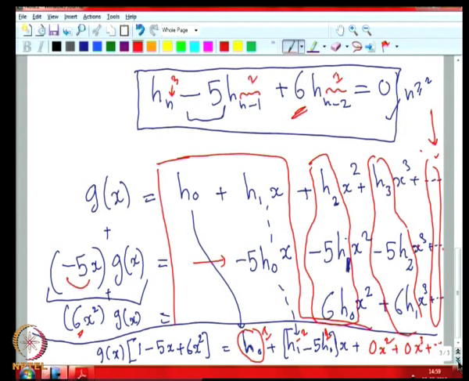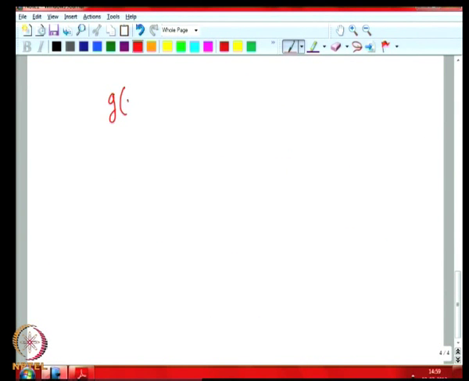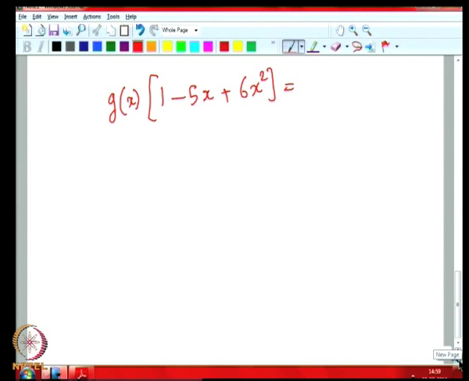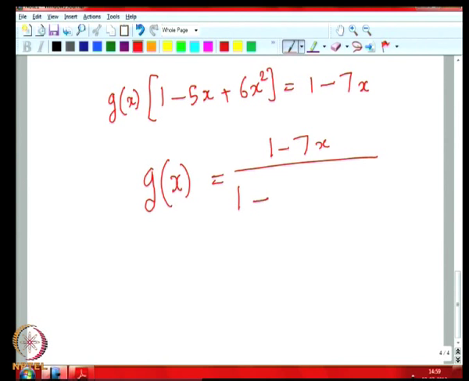So we get g(x) into 1 minus 5x plus 6x square is equal to 1 minus 7x. So what is g(x)? g(x) equal to 1 minus 7x by 1 minus 5x plus 6x square, this is what, right.